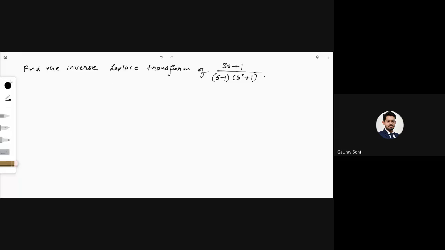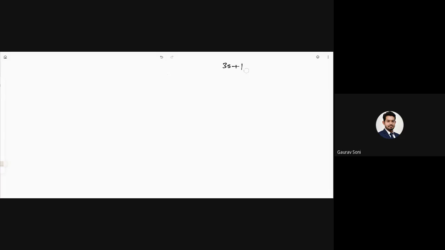Fine then. So we will move ahead towards the next point, that is application of Laplace to the differential equation.